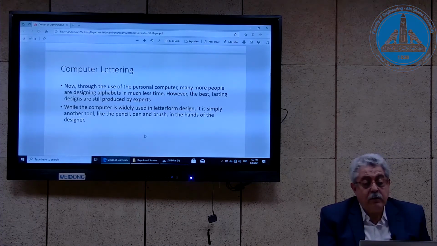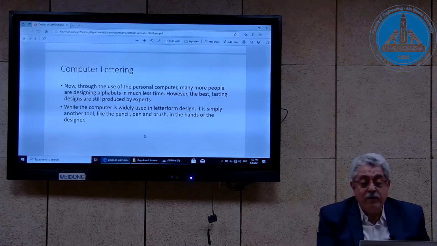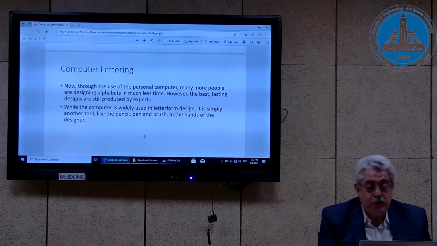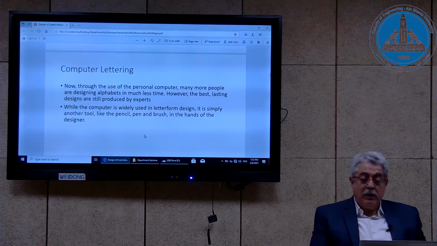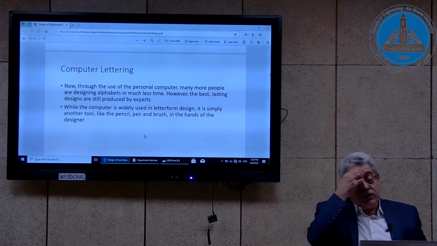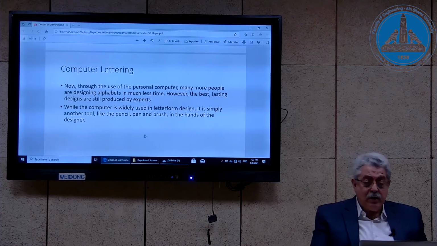Computer lettering: many more people are designing alphabets in much less time. However, the best lasting designs are still produced by experts. While the computer is widely used in letter form design, it is simply another tool, like the pencil, pen, or brush in the hands of the designer.